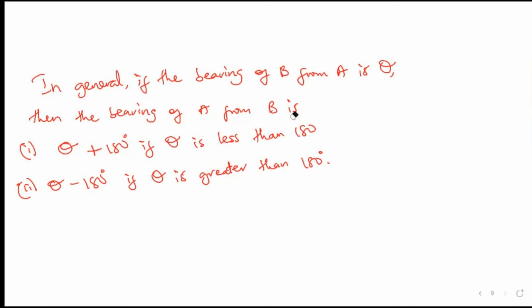So what do I get to do? We know the bearing of P from Q is 145 degrees. So the angle given to us, is it less or greater than 180 degrees? It's less. So it means you're going to add 180, that's all.